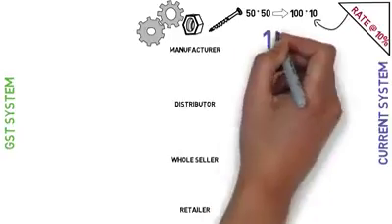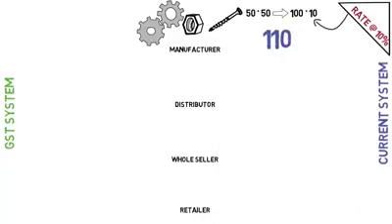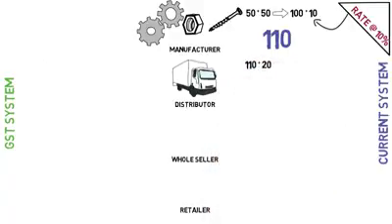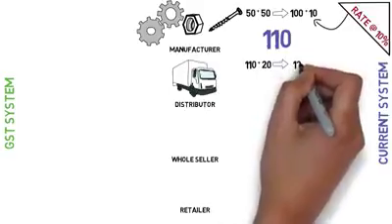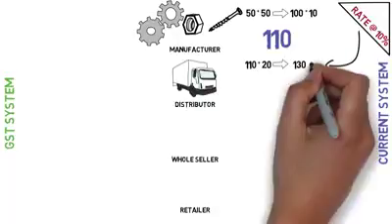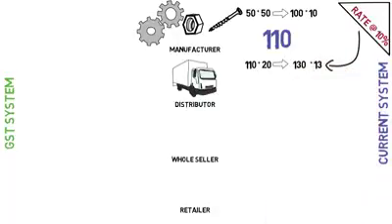So the cost of the product for the distributor is 110 rupees. The distributor adds value of rupees 20, which is nothing but his profit. So the price becomes 130. The distributor also sells it by adding 10% tax of rupees 13. So the product is 143 rupees now.